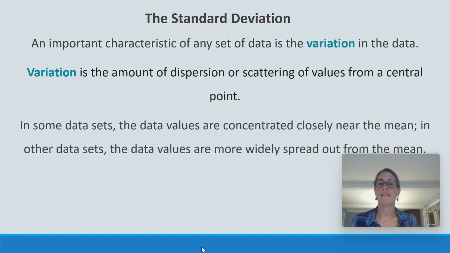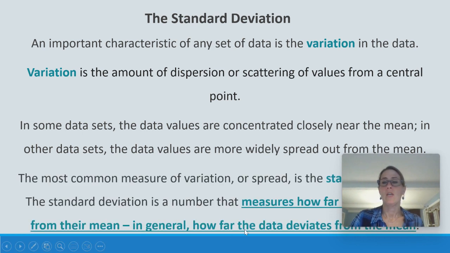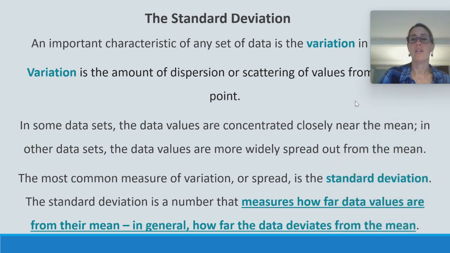In some data sets, the data values are concentrated closely near the mean, and in other data sets, the data values are more widely spread out from the mean. The most common measure of variation or spread is the standard deviation. And the standard deviation is a number that measures how far data values are from their mean. In general, how far the data deviates from the mean, which is that measure of center.